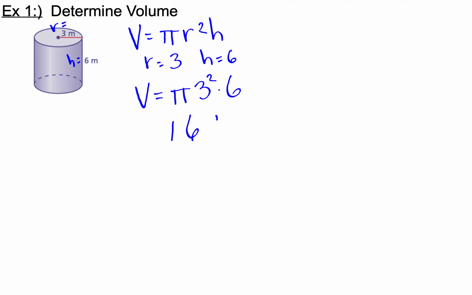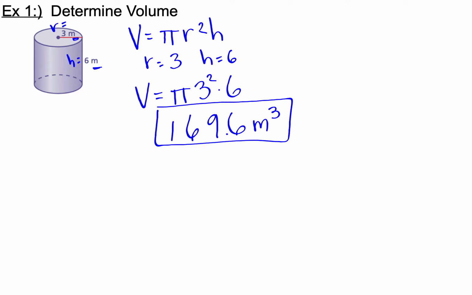This gives 169.6460033, but we're going to round that to 169.6. And the units here, of course, since it's volume, are meters cubed. Meters because it's being measured in meters. Meters cubed because volume is a cubic measurement. Okay, that's the example for determining volume.